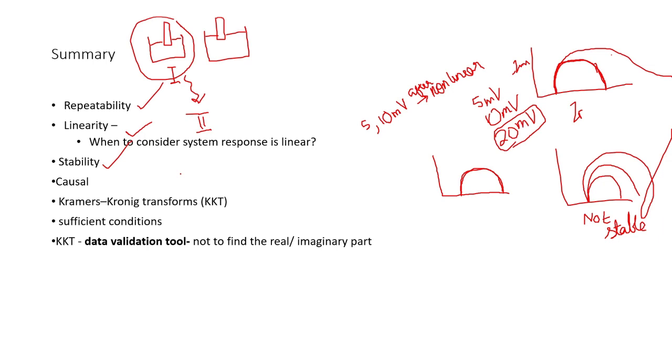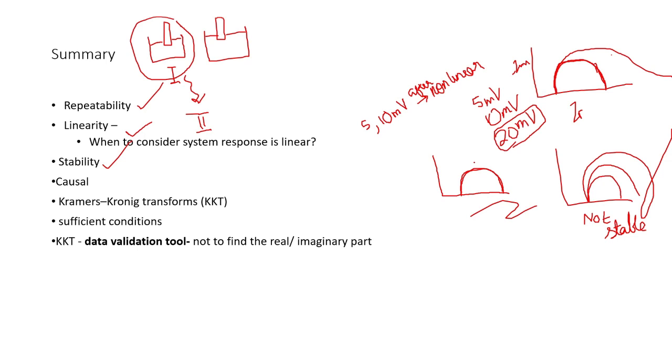When I get the output, I believe that whatever output I am getting is solely because of the input I have given, that is, a 5 millivolt perturbation or 10 millivolt. It's only because of that.